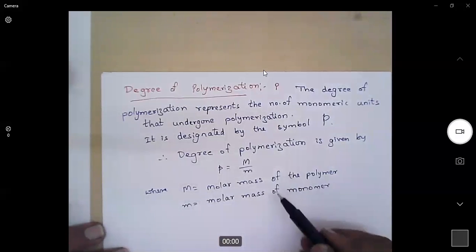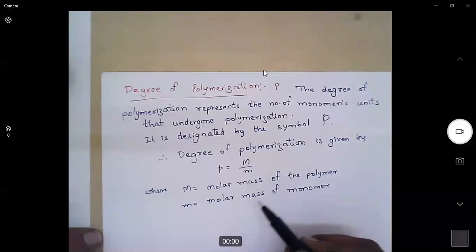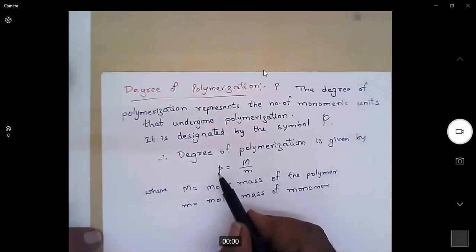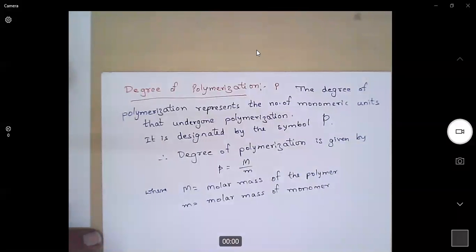So when we divide the molecular weight of a polymer by the molecular weight of monomer, we will get the number of monomer units present in that molecule, in that polymer.